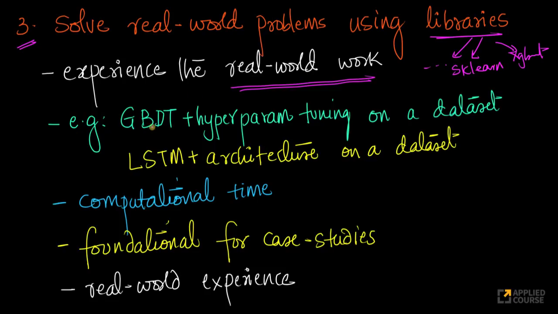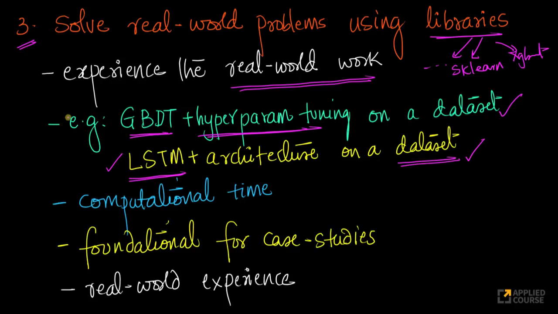We have one assignment where we ask you to build a gradient boosted decision tree and perform hyperparameter tuning on a real world data set. Another example here is we ask you to design and build a very simple LSTM based architecture, do a little bit of hyperparameter tuning on a real world data set which requires sequence modeling, right?